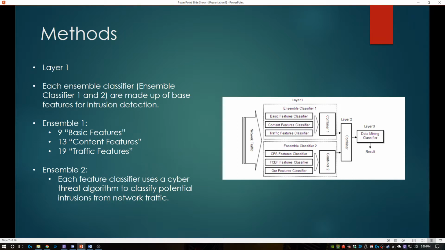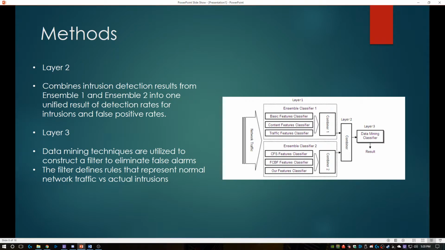Ensemble 1 at the top is using 9 basic features, 9 content features, and 19 traffic features to analyze incoming network traffic on the network. Your Ensemble 2 is using 3 distinct classifiers as well, where each one is using a very specific cybersecurity algorithm to classify potential intrusions from network traffic.